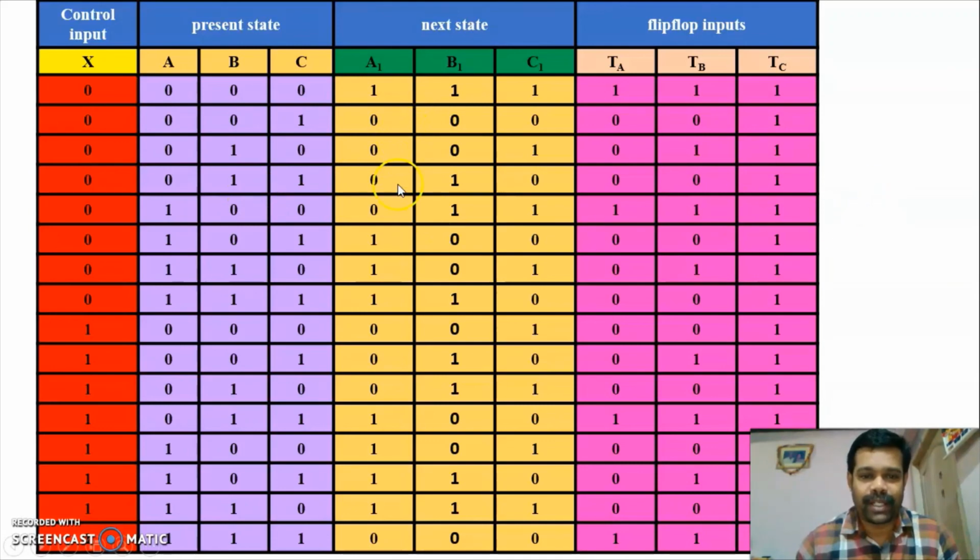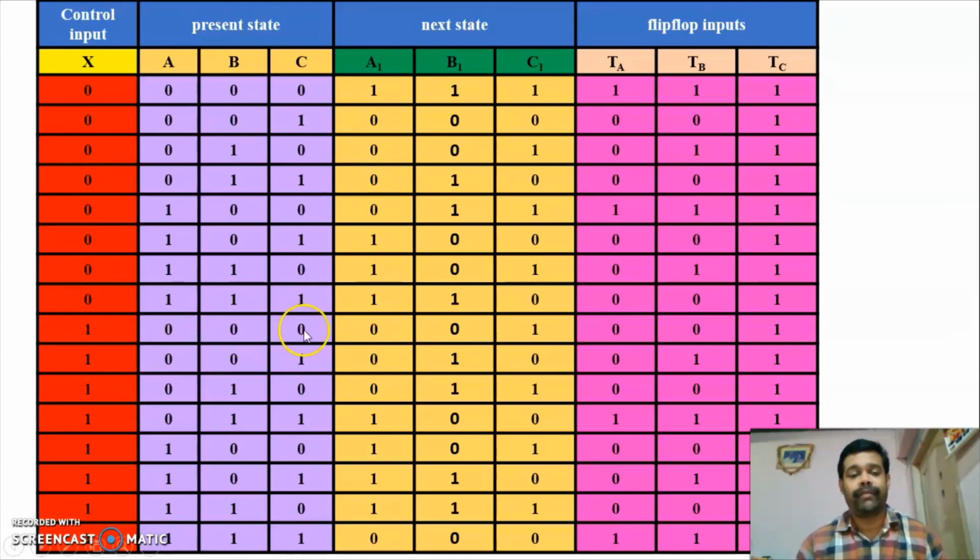If 4 is the present state, next state is 3. Similarly, if 5 is the present state, next state is 4. If 6 is the present state, next state is 5. If 7 is the present state, next state is 6. So first you have to write from 0 to 7, then you put 0 in the place of X, then you write the next state.